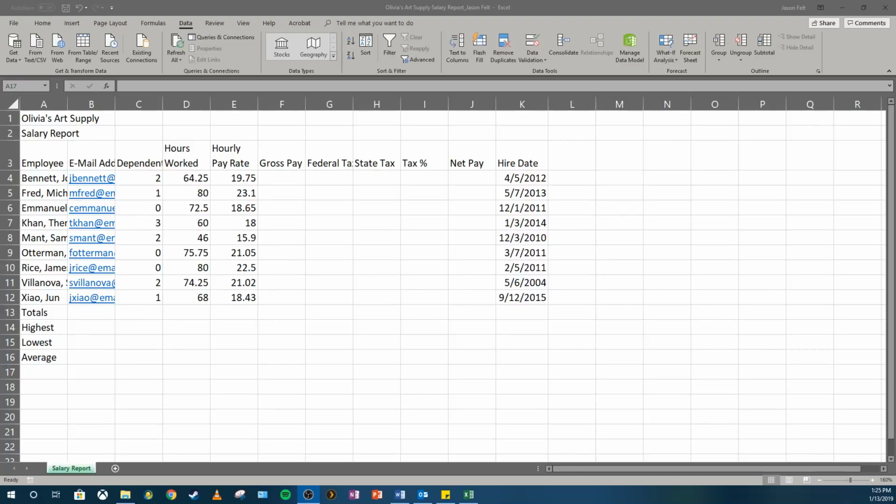So a formula will consist of cell references, numbers, and arithmetic operators that will tell Excel to perform that function.